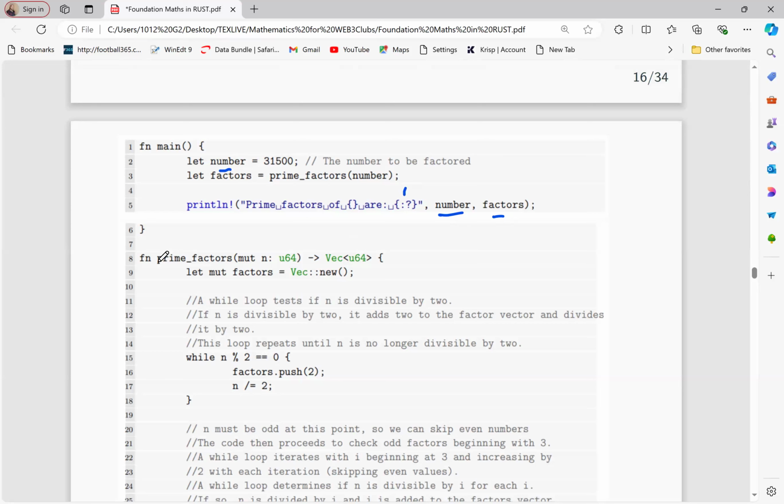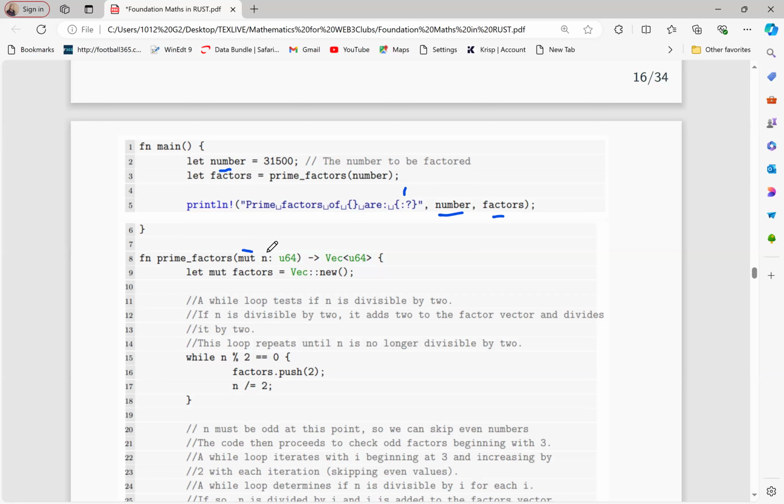Now, I had already explained this last time: mutable. What this means is that the n that you put, that is a number, can be changed. It will be changing as time goes by.